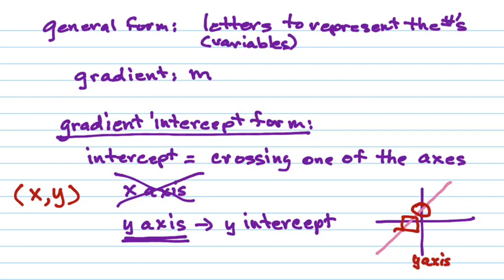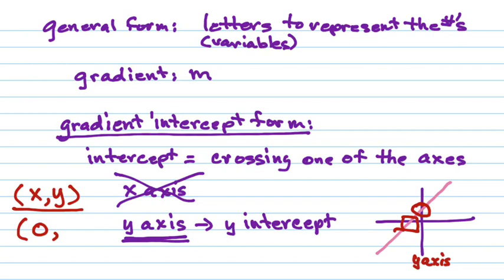Exactly. All right. Well, if that's the case, what number tells you not to move either right or left any, do you think? 0. So for the y-intercept, the x value is always 0. Remember, every ordered pair has an x and a y value, right?